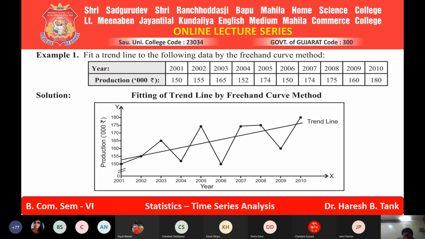So these are the limitations of this method. So this method is not much used in practice.